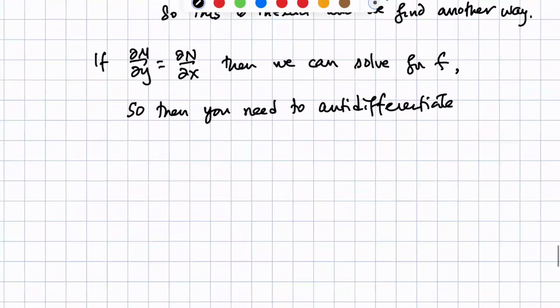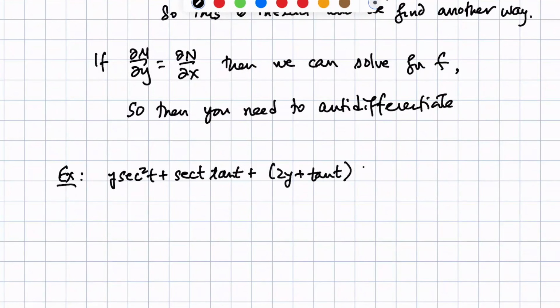So let's consider the following exercise. Let's get some trig functions in here. Y secant squared t plus secant t tangent t plus 2y plus tangent t dy/dt is equal to 0.